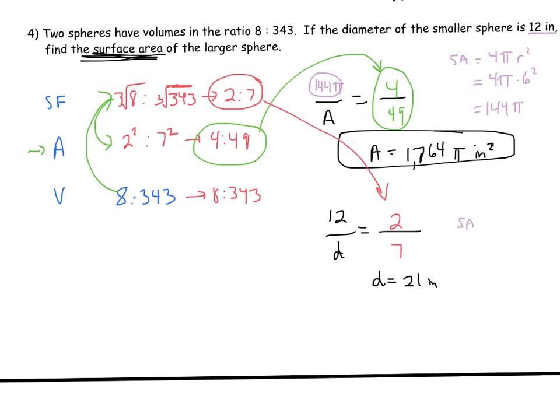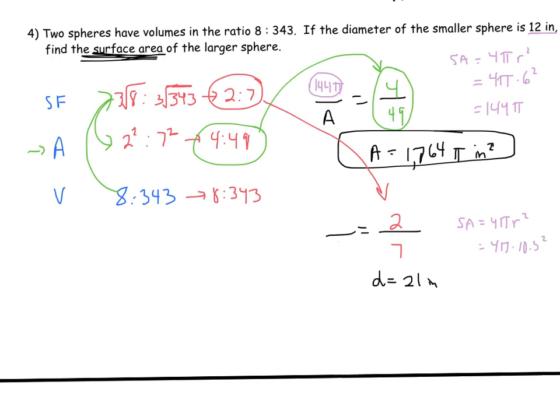We know surface area is 4 pi times my radius squared. 4 pi times diameter is 21, so we'd have 10.5 squared. And it looks like I made a brief mistake. I apologize. On my note sheet, I had done a radius measurement here.